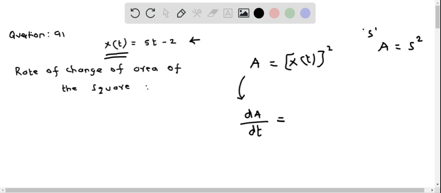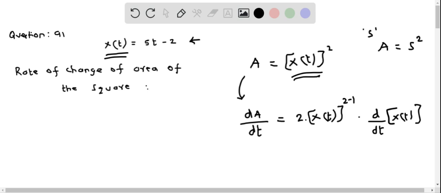On the right side, we apply the power rule: the power 2 comes in front, and we raise x of t to the power of 2 minus 1. We also apply the chain rule, multiplying by d by dt of x of t. This is the first step we write down here.